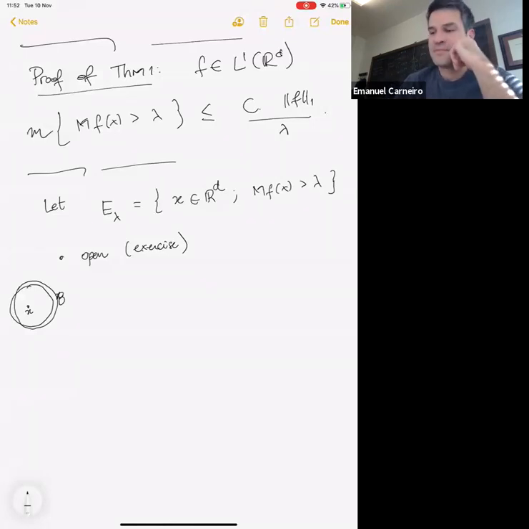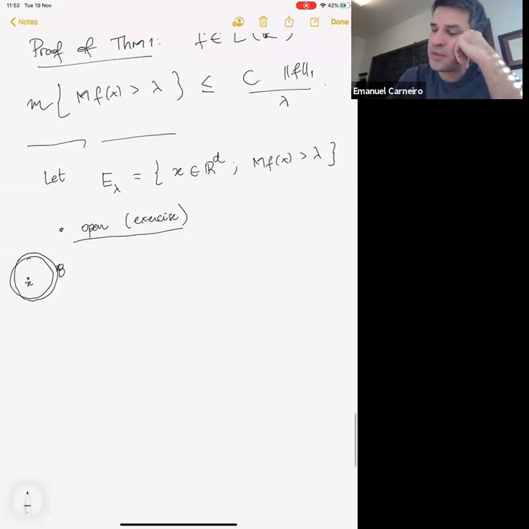You have seen this exercise that if a function is integrable, then for any given epsilon, there is a delta such that if the measure of the set is less than delta, the integral over the set of the function is less than epsilon. We have to use that. Anyway, this set is open.